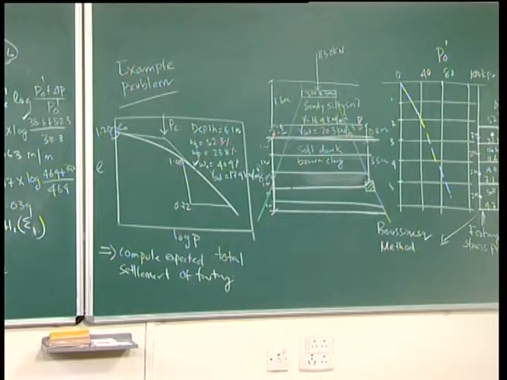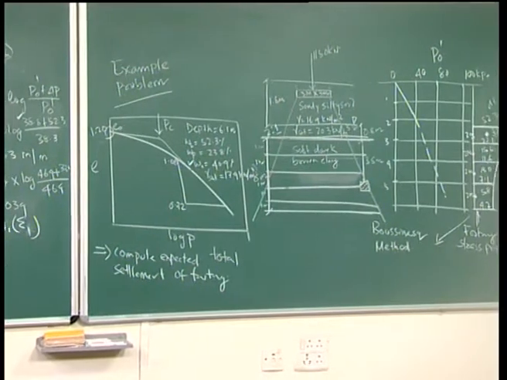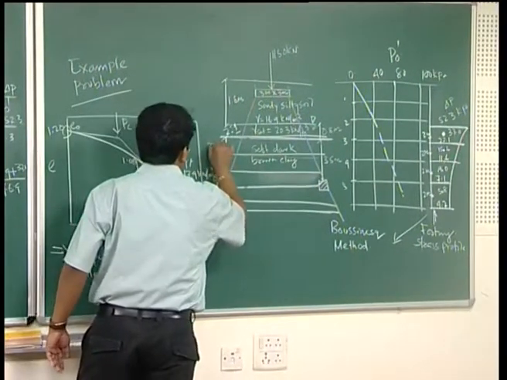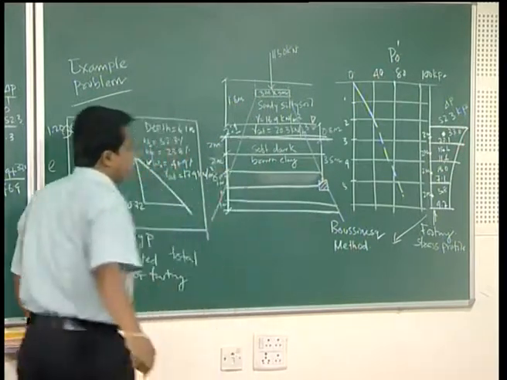Now, once you get the delta P, the increase in stress, either from Boussinesq's method or by means of 2:1 distribution, then write it column wise. Every 2 meter interval we got our increase in stress. This is not 1 meter interval, this is every 2 meter interval, because the stress increase also we got every 2 meter interval.